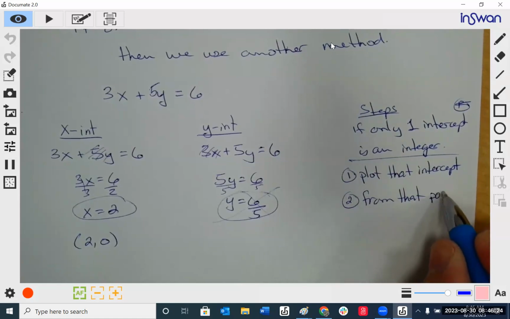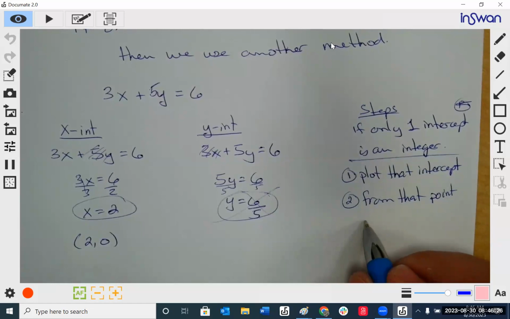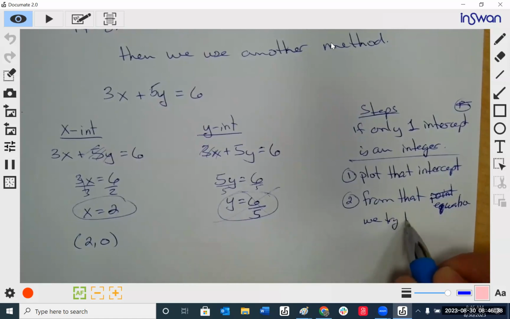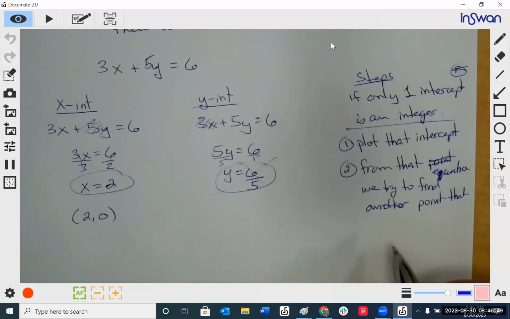Then from that equation, we try to find another point that will work.